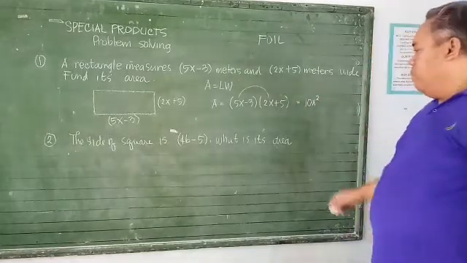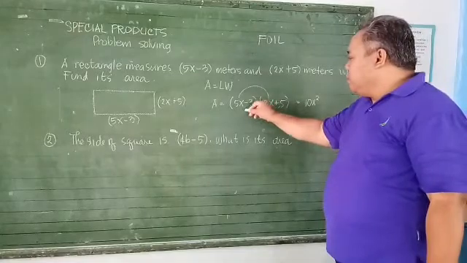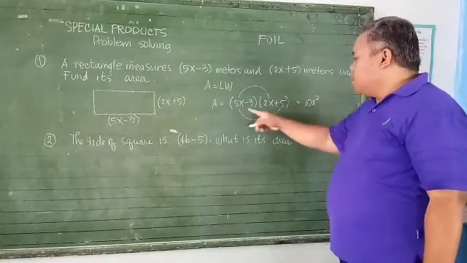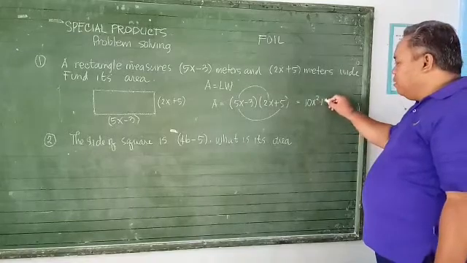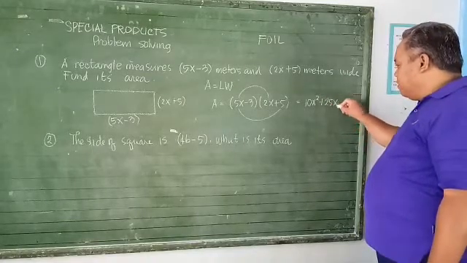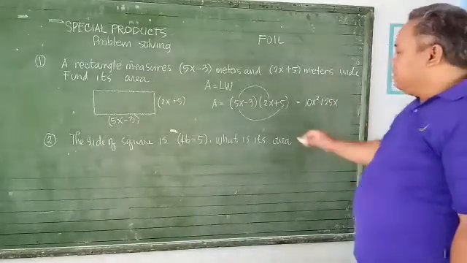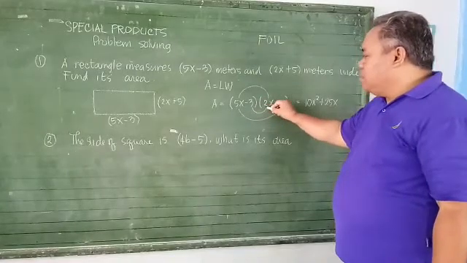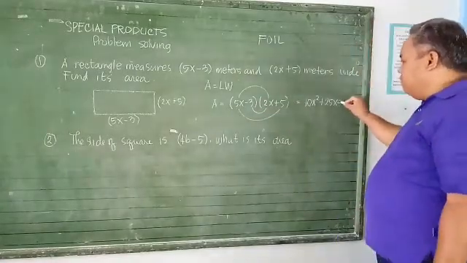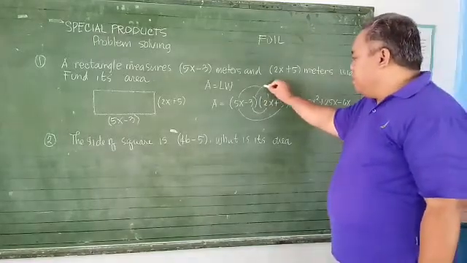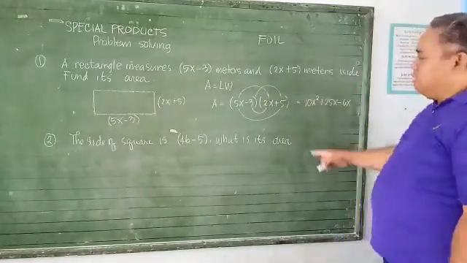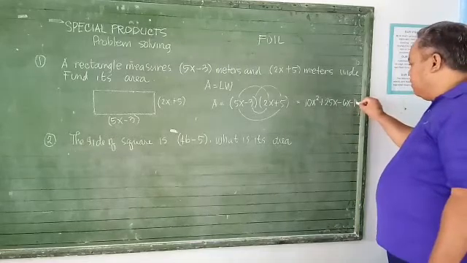Diba? Then outer terms, that is 5x times 5 will give you positive 25x. And then the inner terms, that is negative 3 times 2x, will give you negative 6x. And then for the last term, that's negative 3 times 5 will give you negative 15.